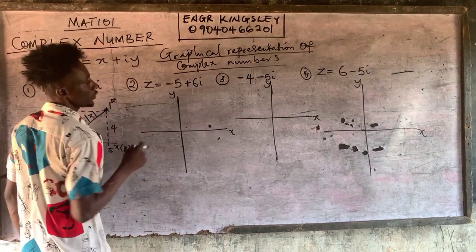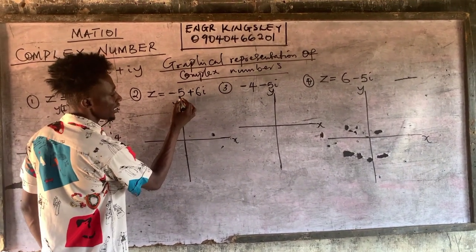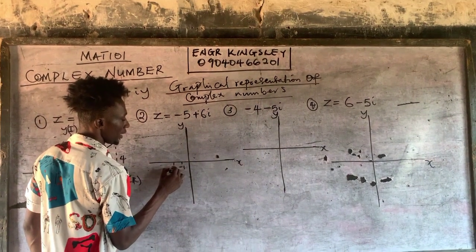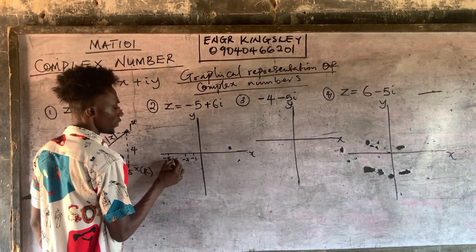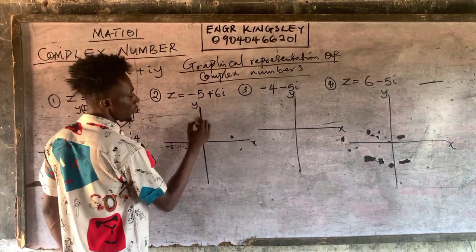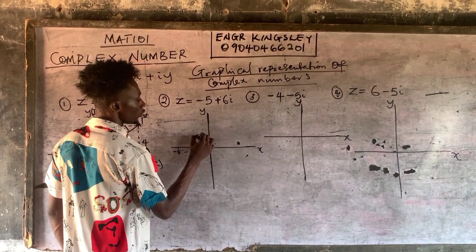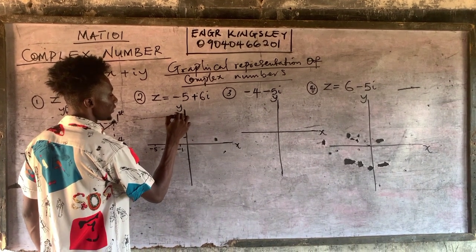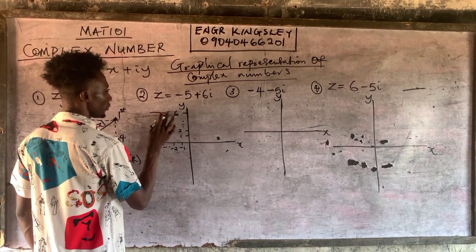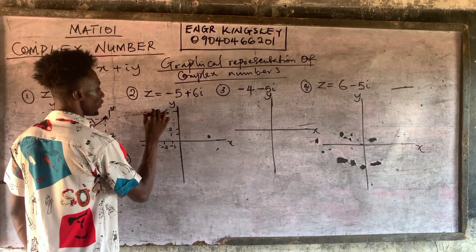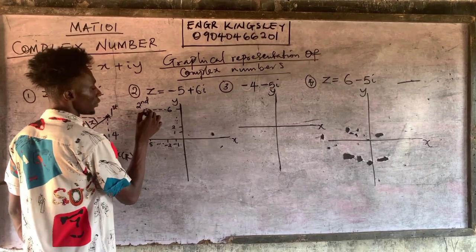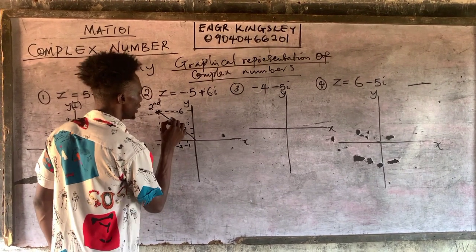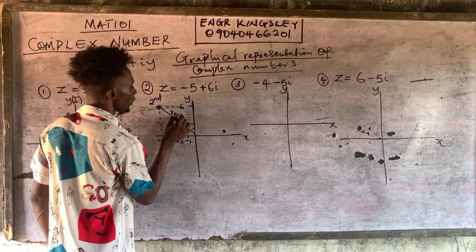If I want to take care of this one, we have a negative real, which is negative x. I have negative 1, negative 2, dot dot dot, negative 5. Negative 5 is somewhere here. Then we are talking about positive 6. I have 1, 2, dot dot dot, 6. So 6 and negative 5 are meeting in the second quadrant, where the modulus is somewhere here, the r, or the absolute value of z.